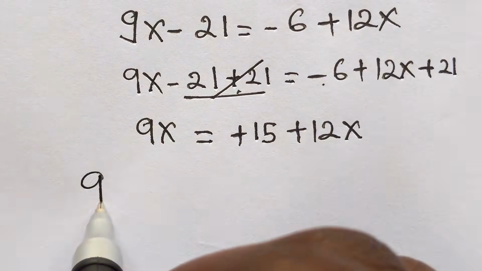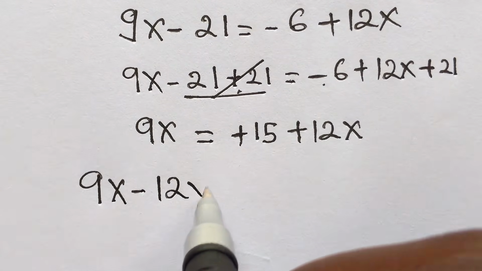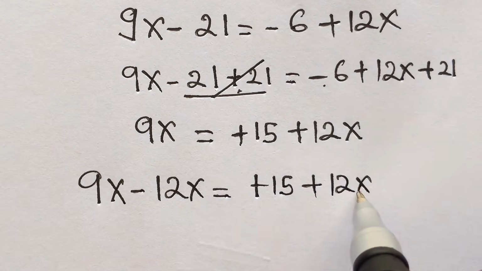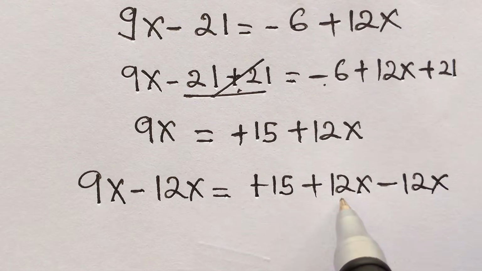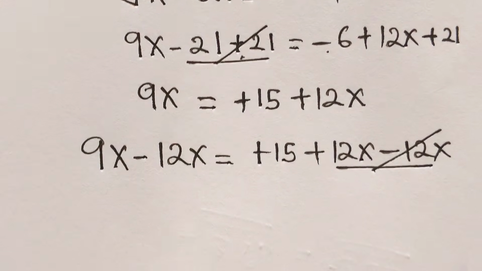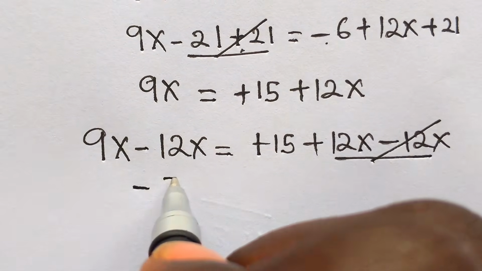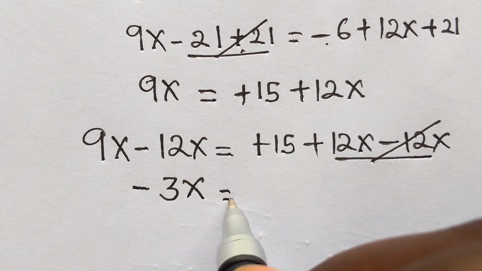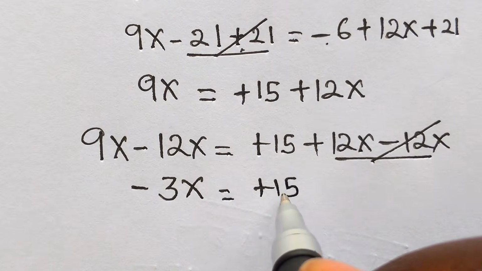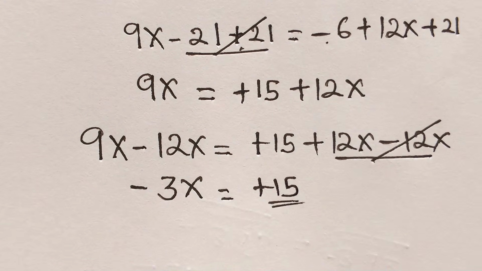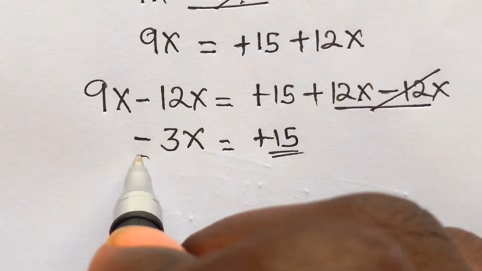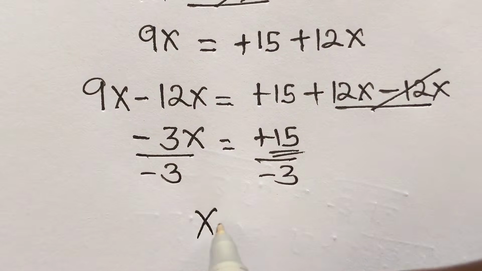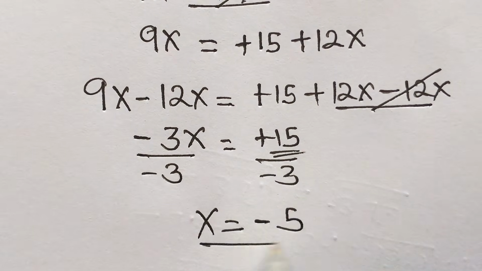This is 9x minus 12x, which is equal to plus 15 plus 12x minus 12x, and this one is cancelled, to get negative 3x equals positive 15. Then we divide negative 3 by negative 3 to get x, which is equal to negative 5.